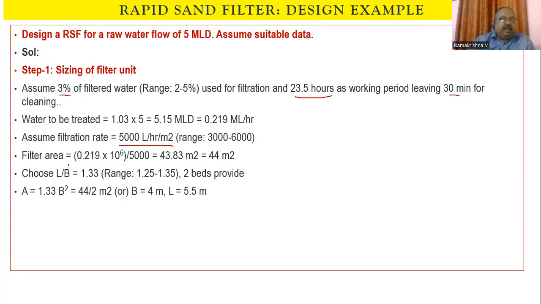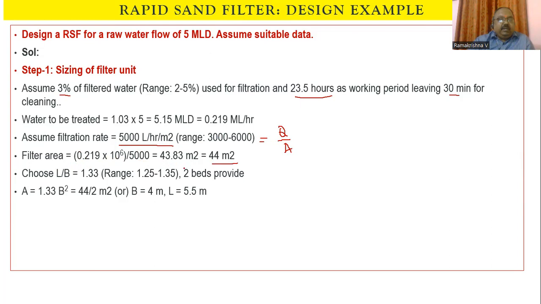Filtration rate is defined as discharge divided by surface area, so the surface area is discharge divided by filtration rate. The discharge is 0.219 into 10 to the power of 6 divided by 5000, which comes out to be 44 meters square.